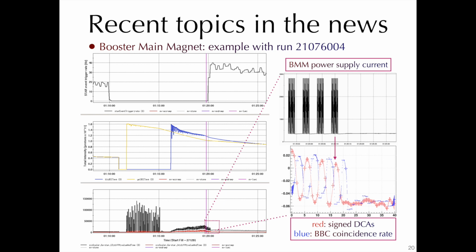However, because it's impacting the power grid, it actually then impacts the performance of the magnets in RHIC, which are on the same power grid. So the magnets at RHIC just have a very, very tiny fluctuation when the booster main magnet is operating. And this tiny fluctuation then causes fluctuations in what the beam's doing.